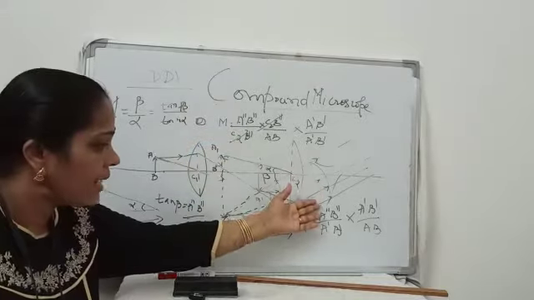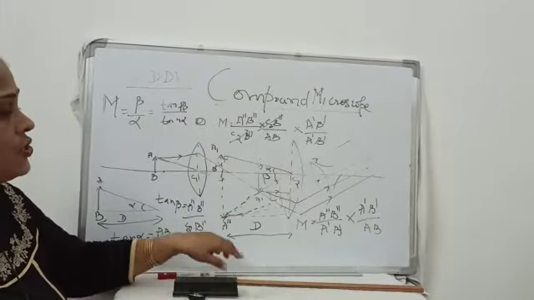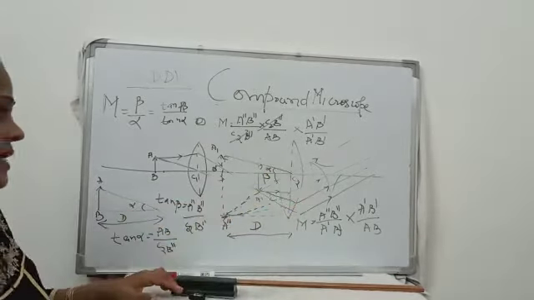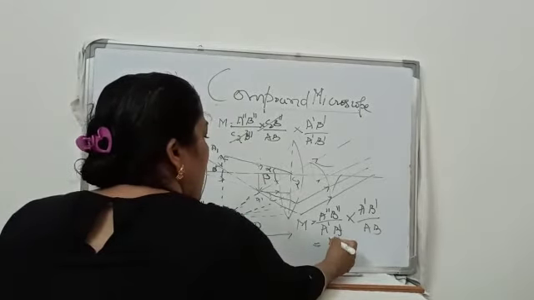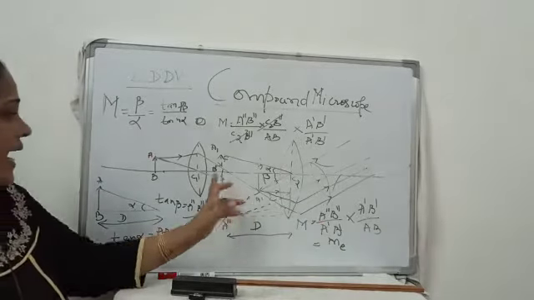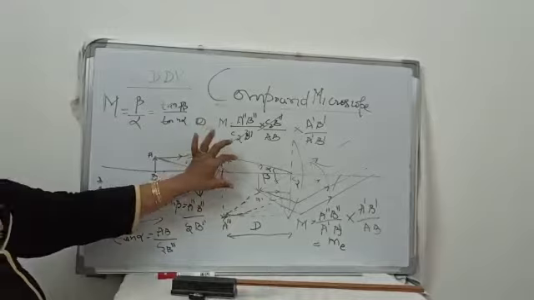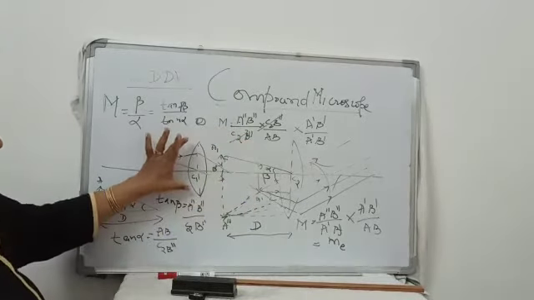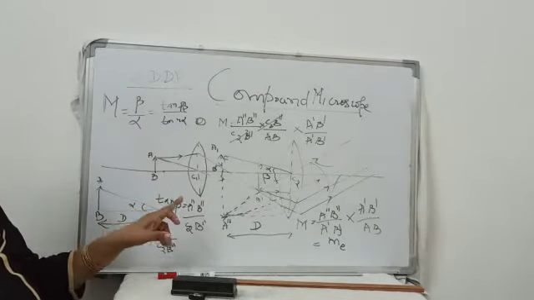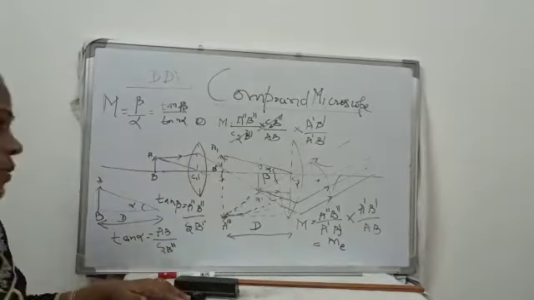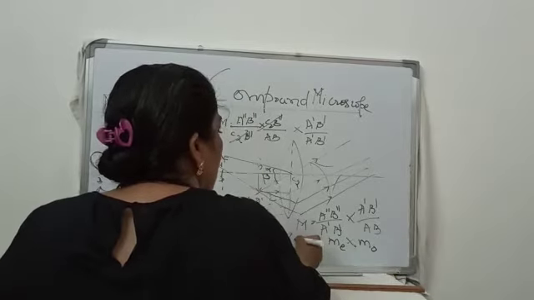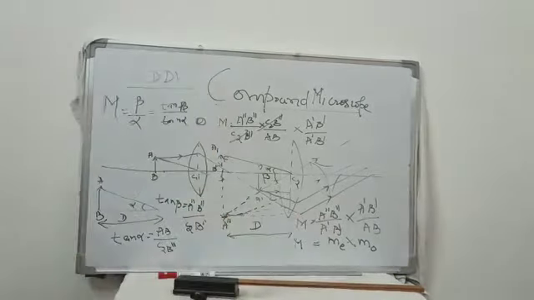So the size of the image by size of the object is also called magnification. It is the magnification of which lens? Eye lens. So we'll mark this as ME. Now A dash B dash is the size of the image for this objective lens, and AB is the size of the object for this objective lens. So size of the image by size of the object is nothing but the magnification of the objective lens. So you get M is equal to ME into MO.